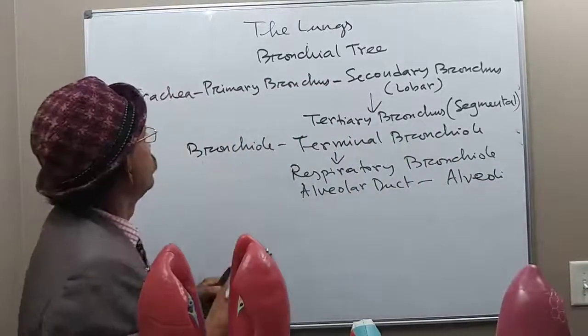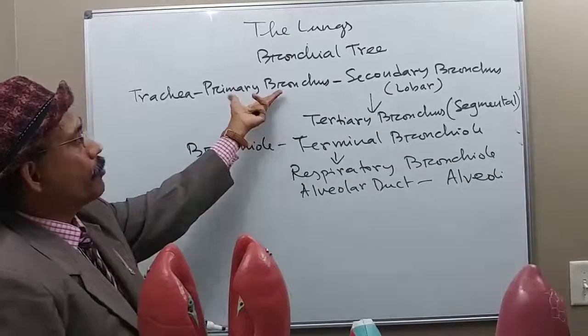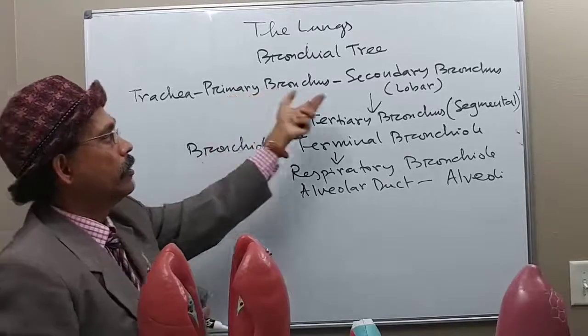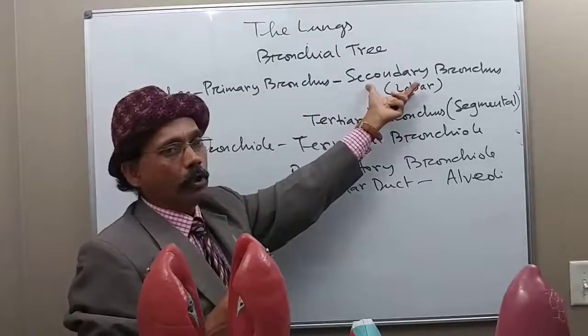Okay. So each primary bronchus for each lung, secondary bronchus for the lobes.